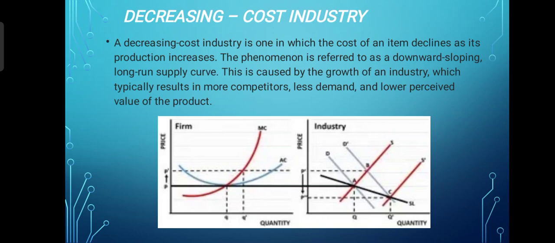It can also be a factor in the production of items which can be significantly improved with greater efficiency. Once the company has learned how to maximize its effort, it can increase its customer base by lowering prices. Decreasing cost industry may also be the result of the company's decreasing cost of doing business.